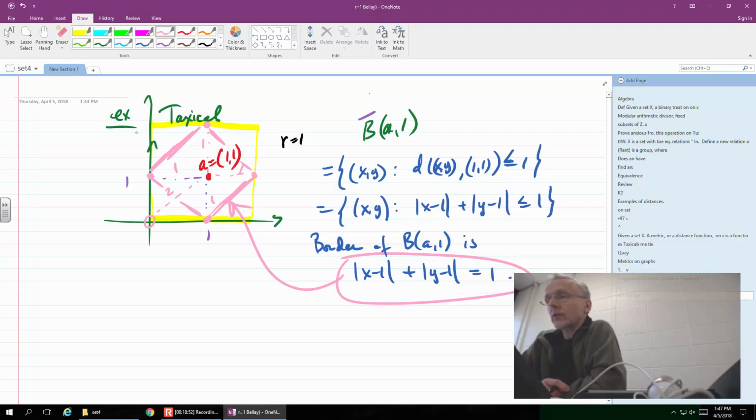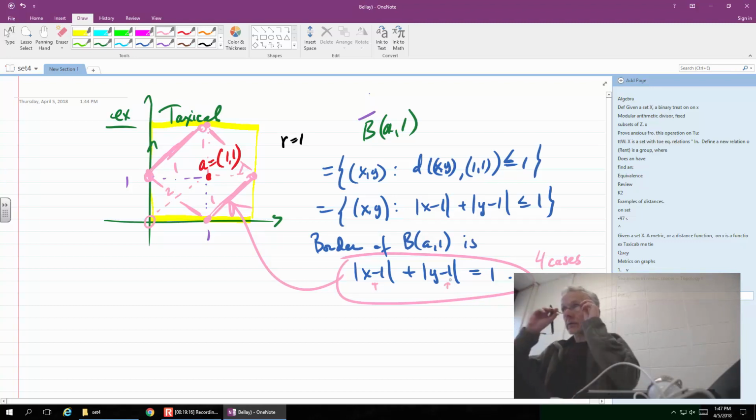So it certainly contains those points that I already have marked, but I hope you can work it out. All you have to do is look at 4 cases, whenever each of these expressions inside is either positive or not. So positive, positive; negative, negative; negative, positive; positive, negative. Then each of the cases will produce one of those lines.